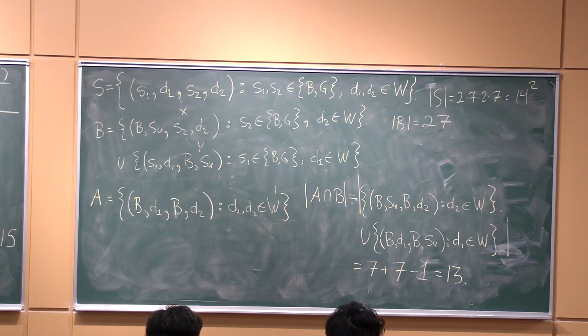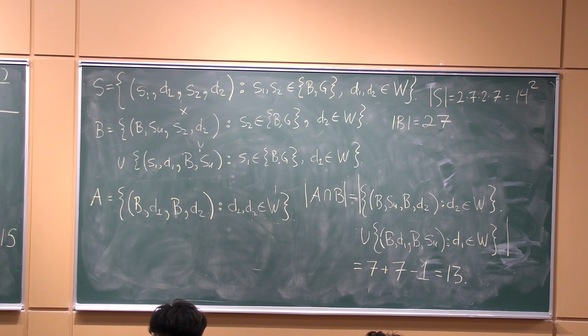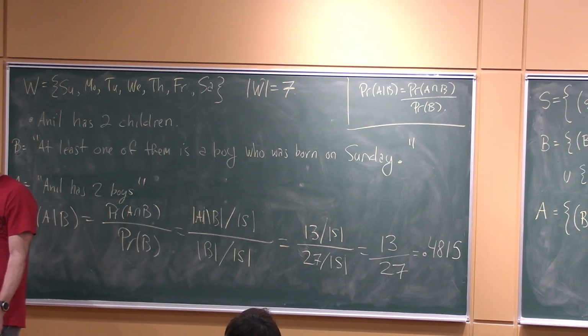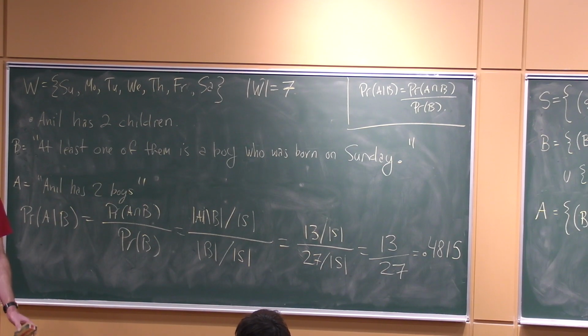We have to do what the definition tells us. The definition told us what conditional probability means, and it gives us the answer 13 over 27. That's it. So I think that's a good sort of jaw-dropping place to leave it for today.